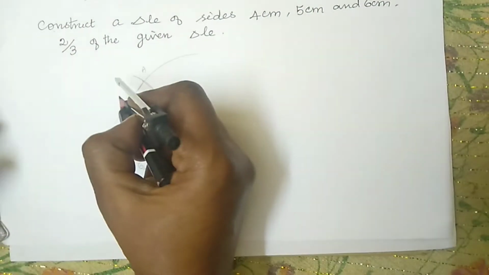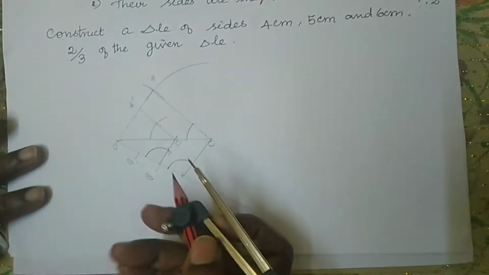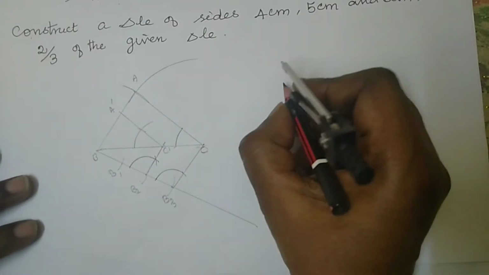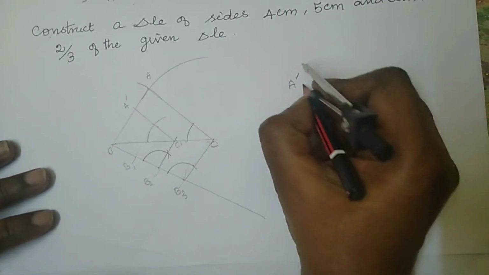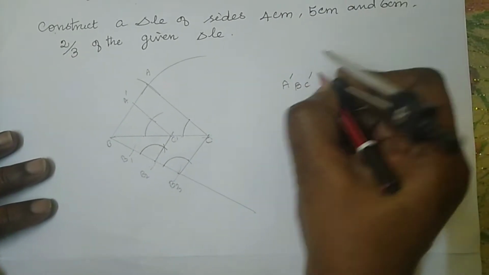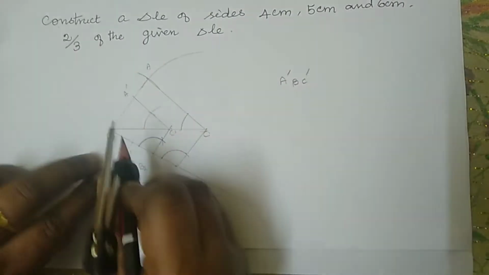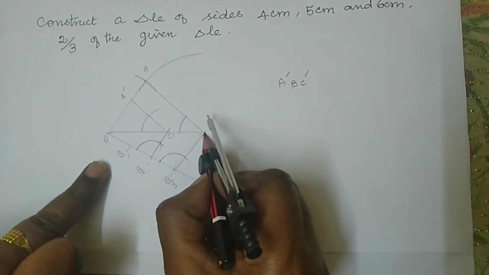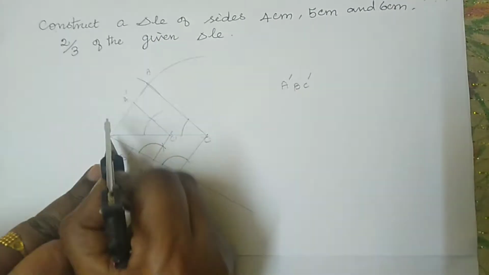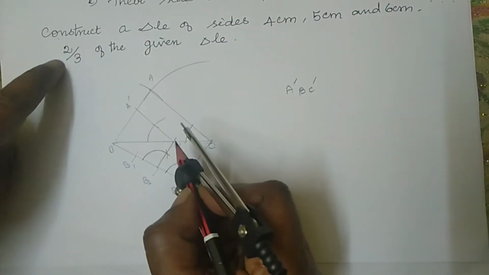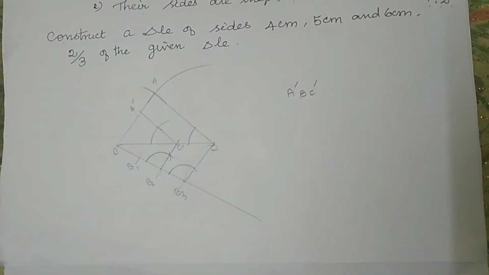So now the new triangle formed is A dash B C dash. So this is the new triangle formed. Already our old triangle is ABC. Now I have formed a triangle A dash B C dash, 2/3 of the given triangle.